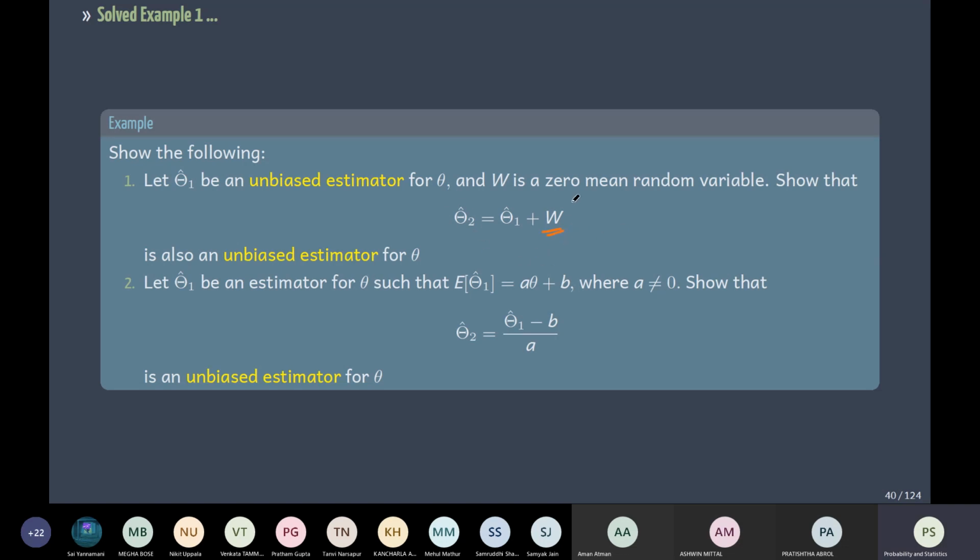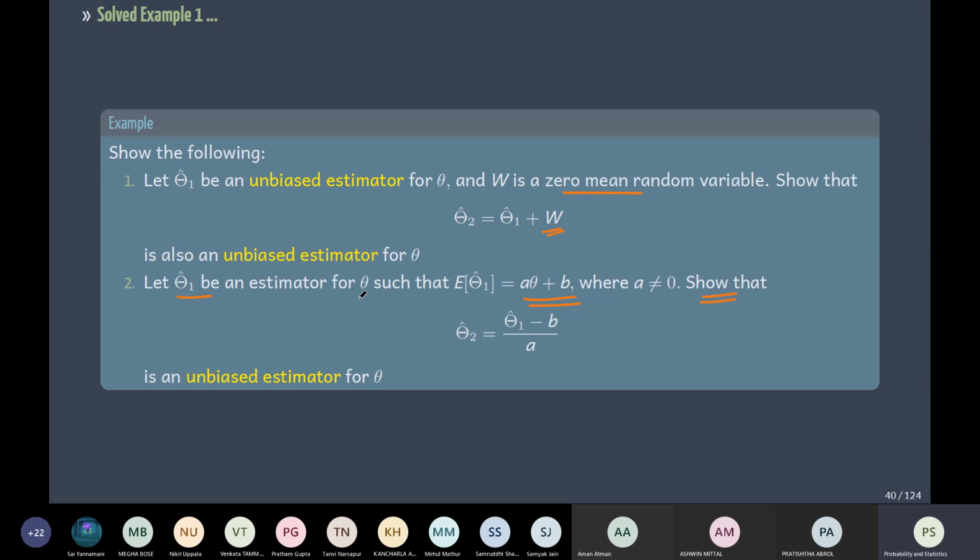What this says is that to your unbiased estimator, you are allowed to add a zero mean random variable without changing the unbiasedness, right? And similarly, you can try this. Theta 1 is an estimator of theta, and if it is of this form, then this will be an unbiased estimator for theta.